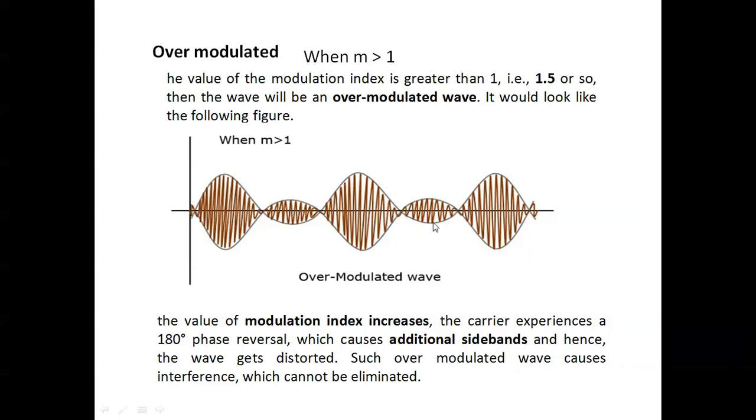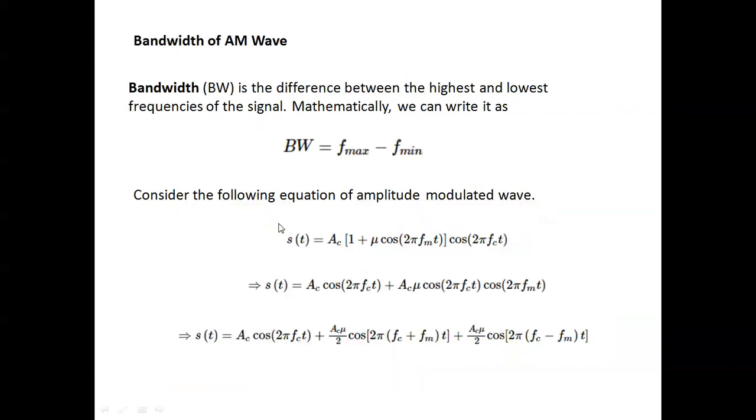See the diagrams, this is over modulation. Based on over modulation, you get additional sidebands. This sideband cannot be eliminated. If the sidebands overlap, the information might be lost, so this is not good.